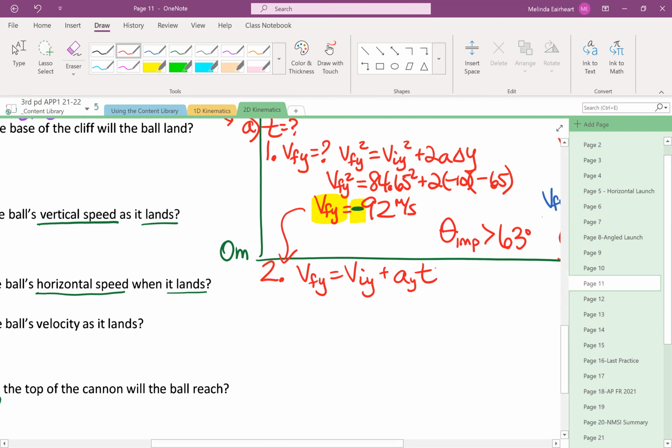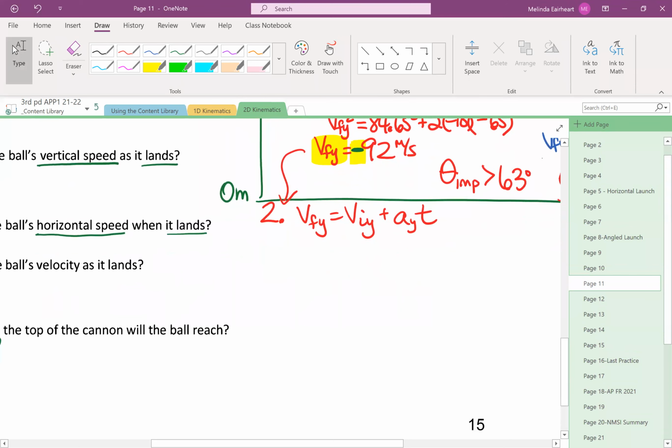And so if we spend a little time, again, do this sometimes. I don't do it every time either. But let's solve for time before we plug in numbers, okay? I got to subtract the initial velocity from both sides. And then I got to divide both sides by that acceleration. And so now I'm going to plug in my numbers.